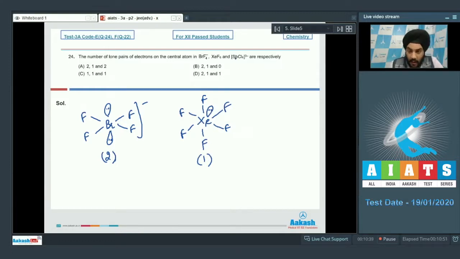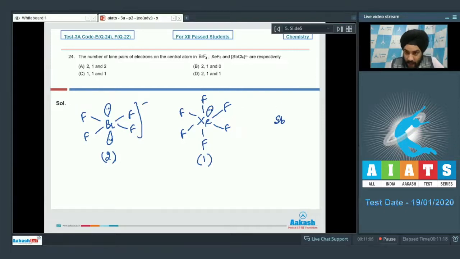If we talk about the last compound now, SbCl6 negative. So Sb has to accommodate all the negative charges if we talk about the covalent bonds in the system. So Sb has 5 electrons of its own, and there will be 3 additional electrons. So Sb will be having 8 electrons in it.